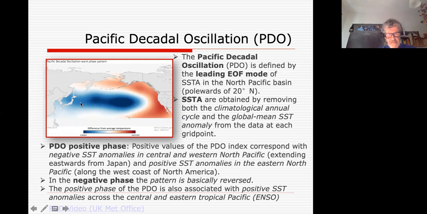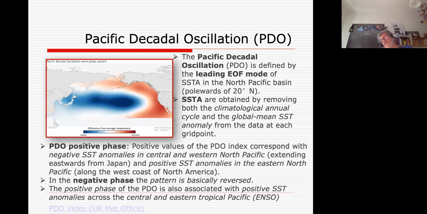This picture is the SST anomaly. In red is positive, in blue, as usual, is negative. The SST anomaly is obtained by removing the climatological annual cycle and also the global mean SST anomaly to detrend the global warming.